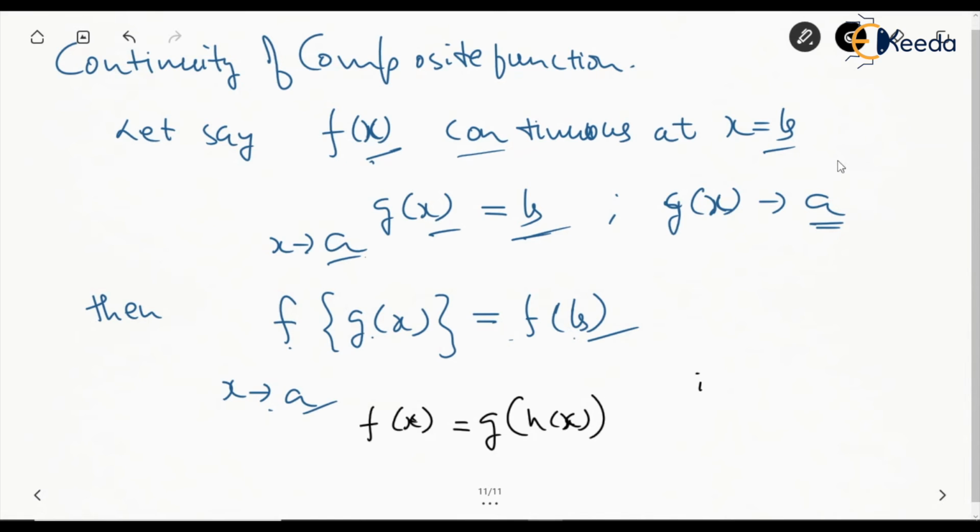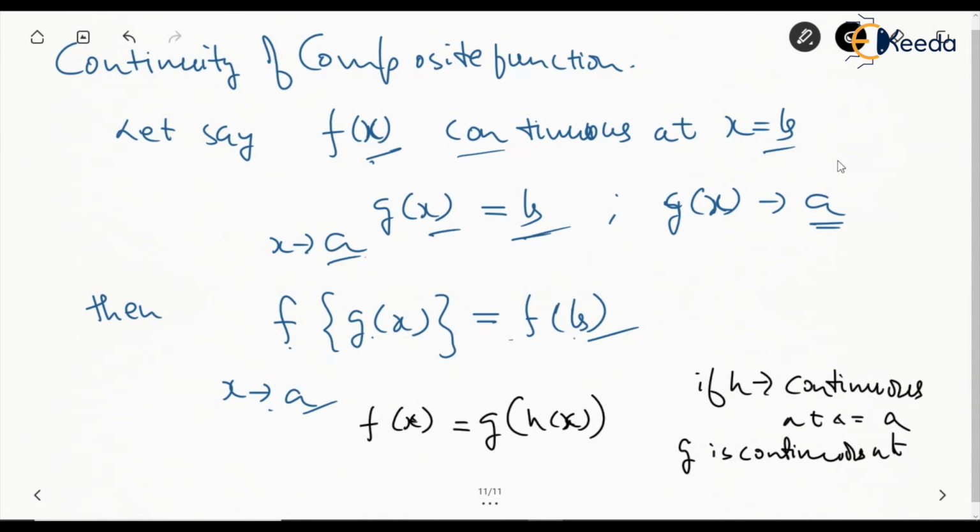So let's say h is continuous at x is equal to a, and g is also continuous at h of a, then this function f is continuous at x is equal to a. We can do it on a fresh page which will make it more clear.